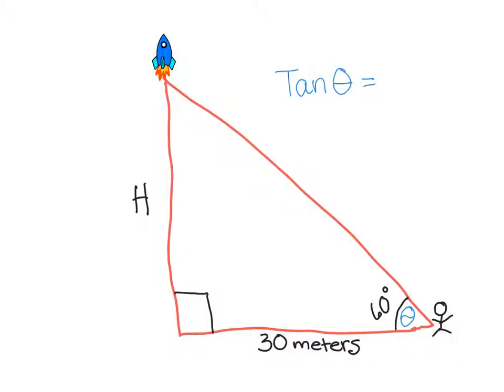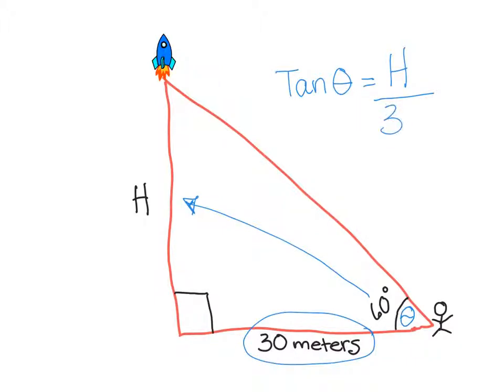And the opposite side from this angle is going to be the height. So the height divided by the adjacent side. And the adjacent side means next to, and that is going to be this distance here, 30 meters.